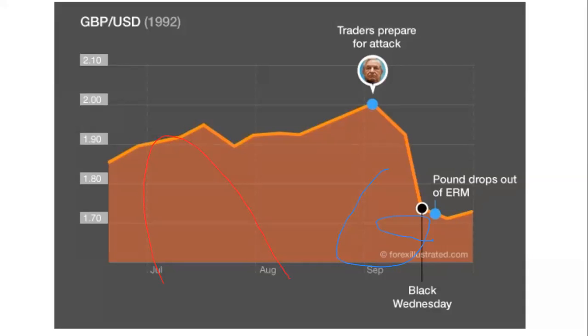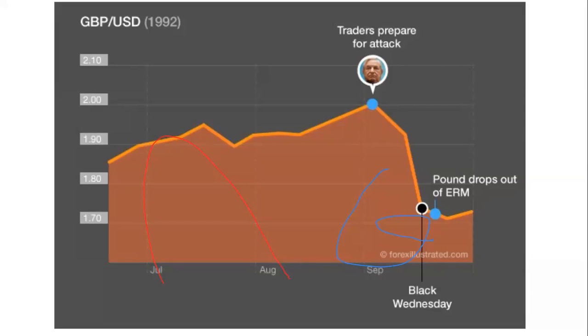But again, George Soros had already shorted a lot of currency. When this news came, it acted as a blessing in disguise, and all other fund managers across the world and retail traders, everybody started shorting the pound, because everybody knew that this thing was artificially inflated and would come down.